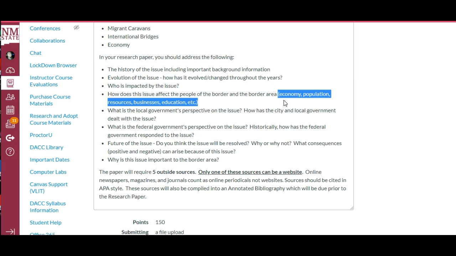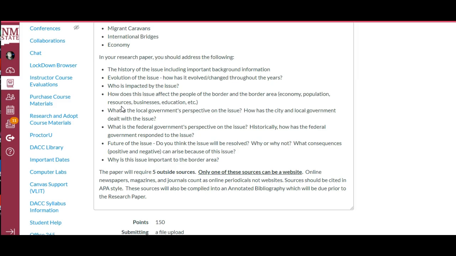Also, we can't forget that we are sort of a military town, so there's a lot of topics that surround the military in El Paso. Some of those might only affect certain areas. It might not necessarily affect education, but you can still write about those topics because it affects economy, businesses, resources, safety, things like that.